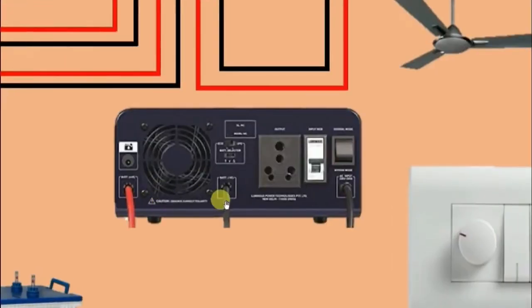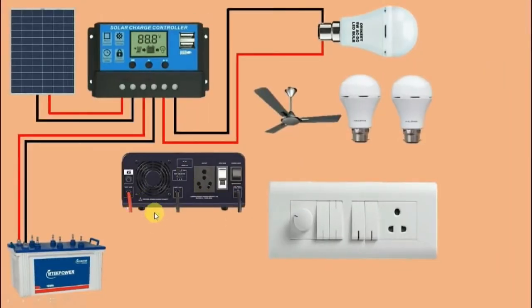If you look at the back of the inverter, you will connect the battery to the inverter, the positive and negative terminals connected to the inverter. Then we can connect the inverter to the various AC appliances through the inverter outlet.